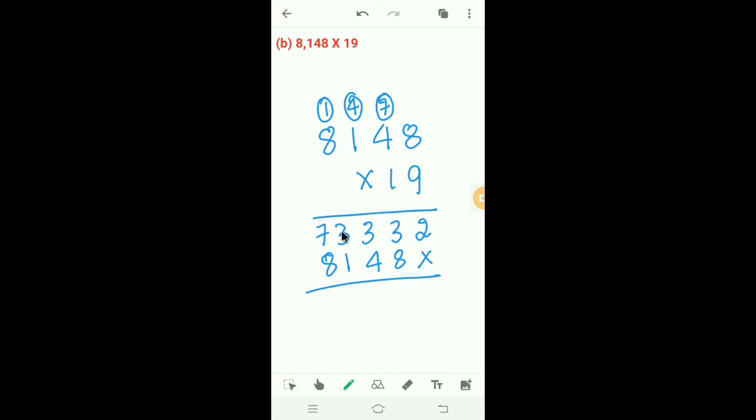Next we should add both the numbers. 2, 3 plus 8 is how much? 3 plus 8 is 11, so I will write 1 here and 1 carry. 3 plus 4 is 7, 7 plus 1 is 8, 3 plus 1 is 4, 7 plus 8 is 15. So the answer is 1,54,812.